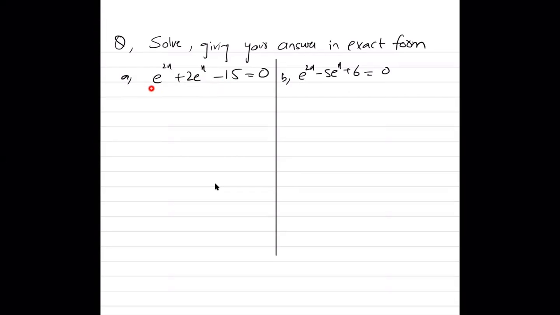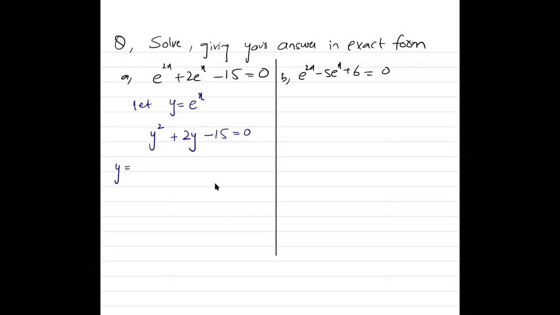I cannot say it's a quadratic equation right now because it's an exponential equation, but if I let y equal e raised to the power of x, then the first term becomes y squared, plus 2y minus 15 equals 0. Now this becomes a quadratic equation, which can be factorized or solved through the quadratic formula. So what are the values coming?